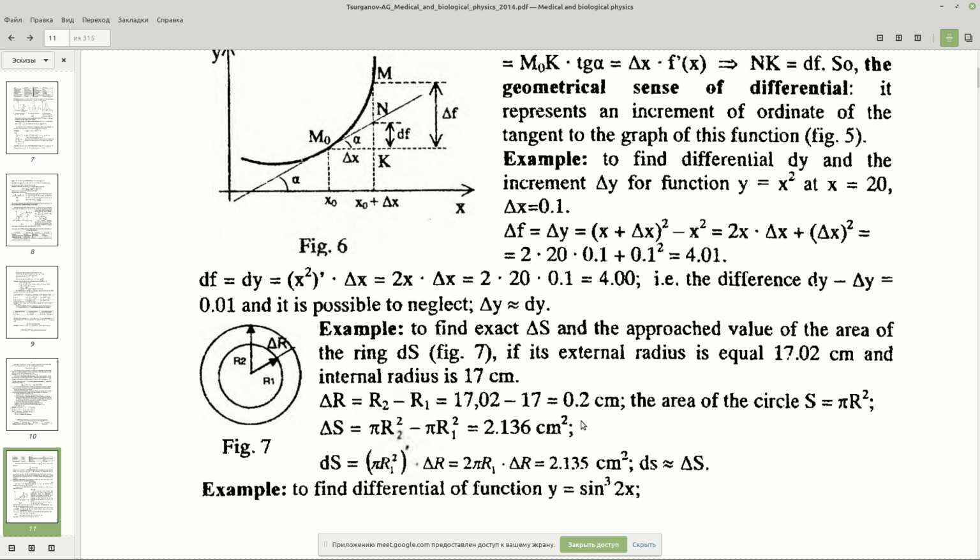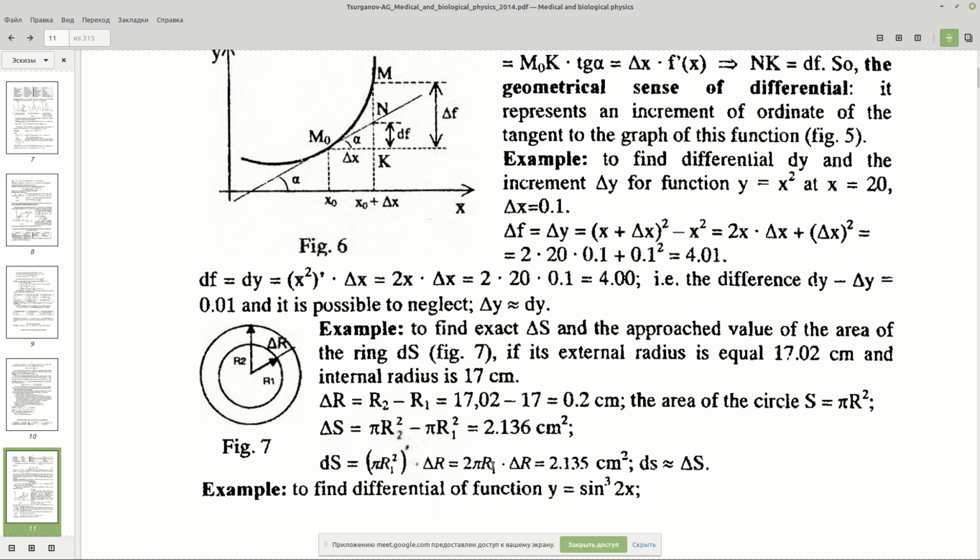So dS is nearly equal to delta S. Their difference is in the third digit after the decimal point, very small.